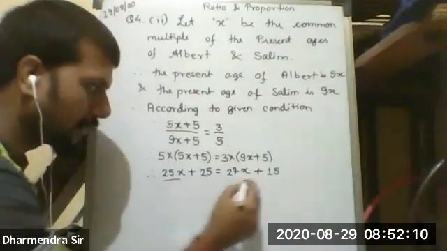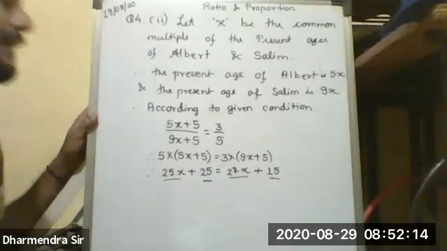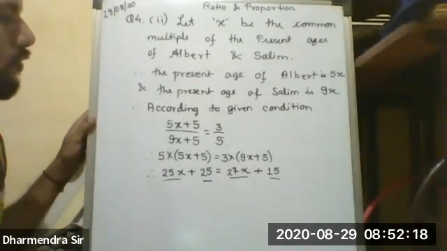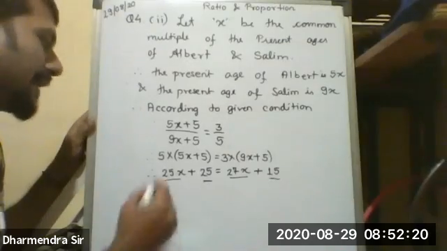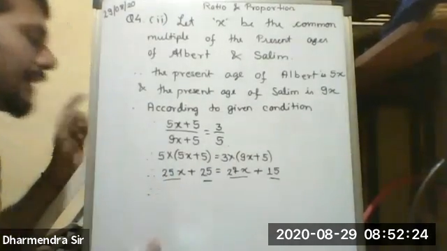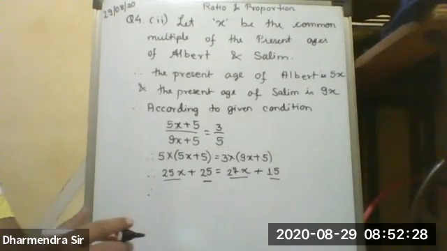Now what we will do, we'll be taking terms of x together and constant terms together. These are terms of x and this is constant. So we'll be taking constants on one side and terms of x on the other side. So better we will be taking 25 to the right hand side. Whenever we take one value from one side to the other side, the sign changes.